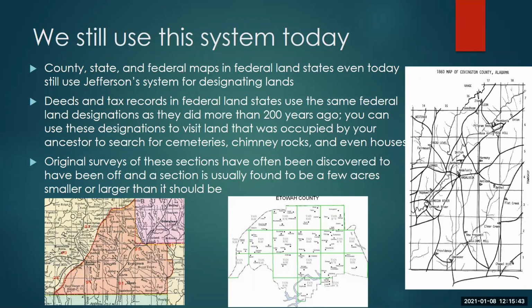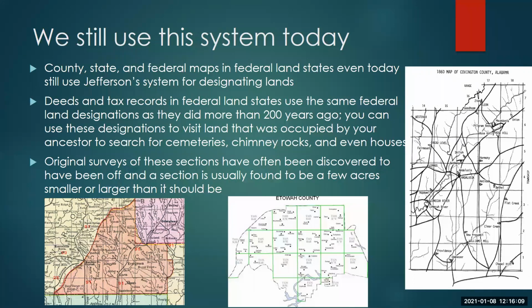So in Indiana or in Wisconsin, in California or Nebraska, in Alabama or in Arkansas or Louisiana, you can take the designation of your ancestor's patent or your ancestor's deeds, and you can go to a modern map of the area, and you can find the land right down to the foot.